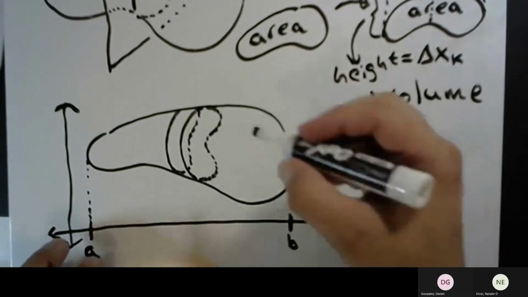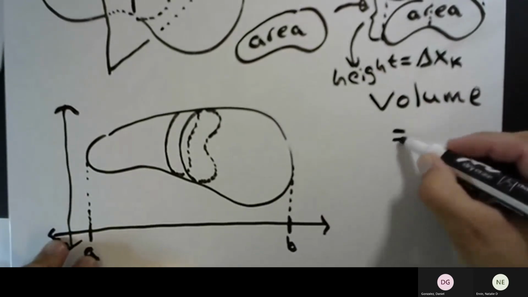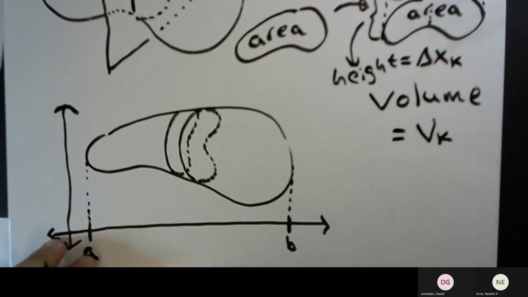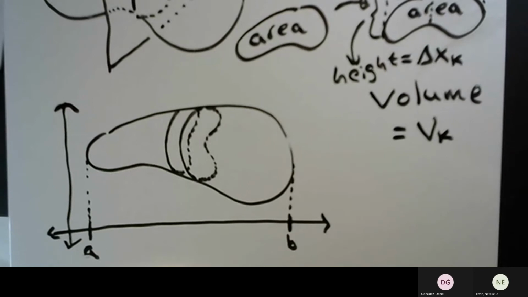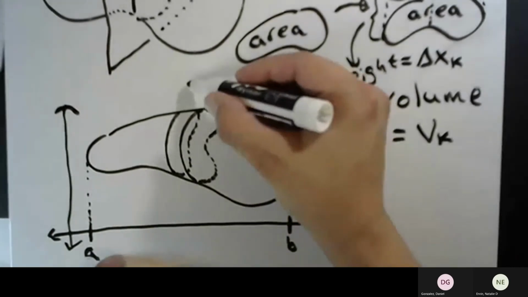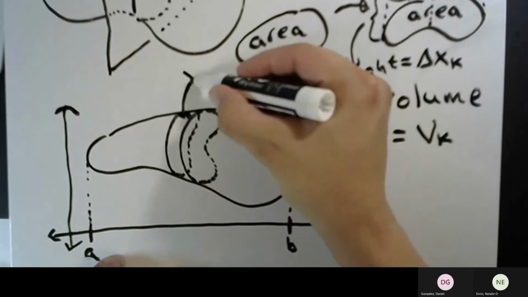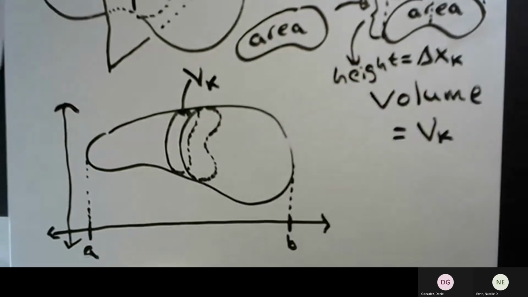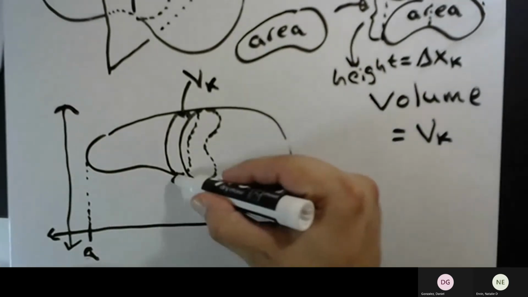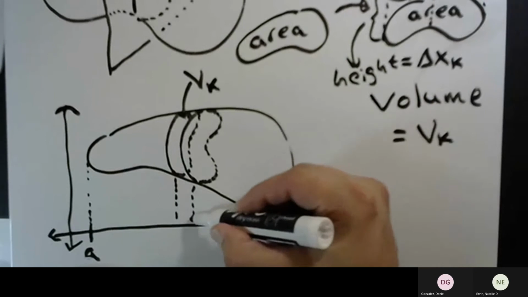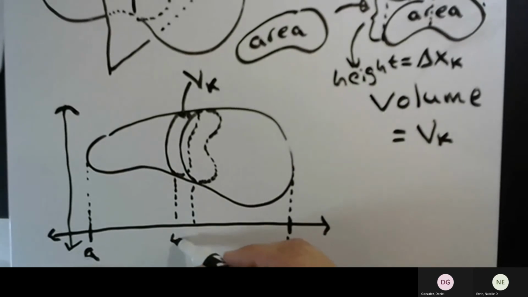And so this volume, we're going to call it V sub k. It's going to be a slice of this shape. So this whole thing here is V sub k, this whole volume. And then you can see the height here.